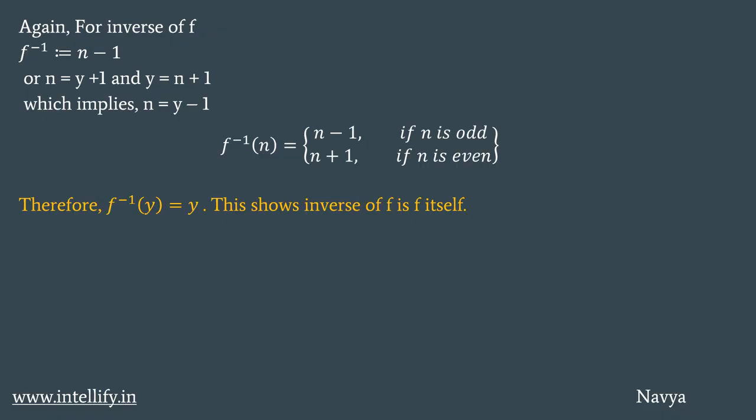So f(n) = n - 1 if n is odd and n + 1 if n is even. Therefore, f inverse(y) = f(y). This shows the inverse of f is f itself.